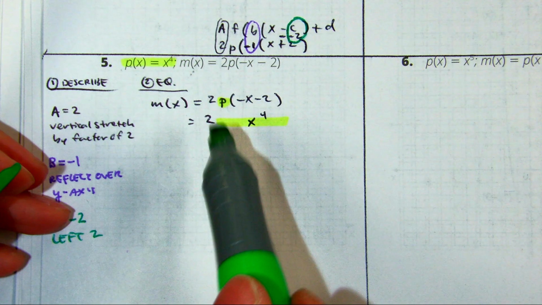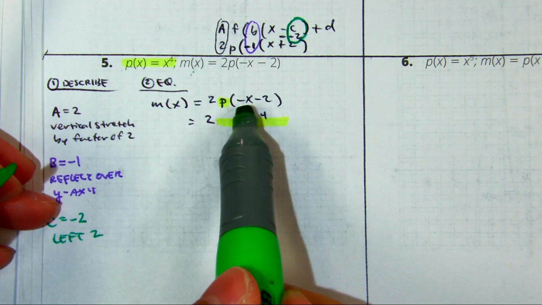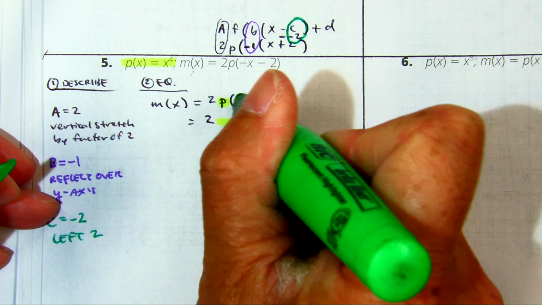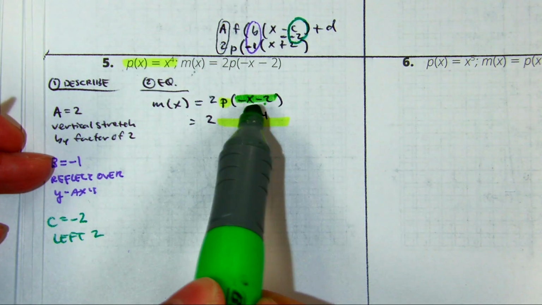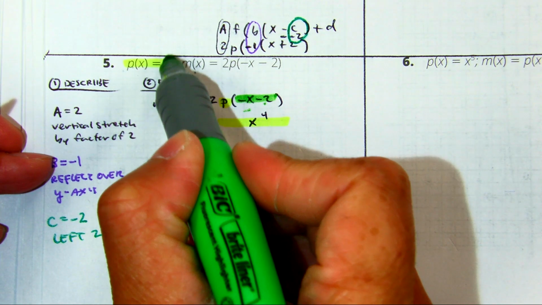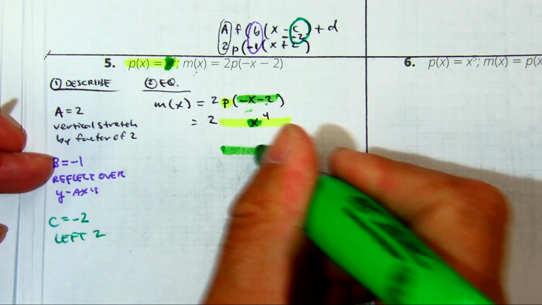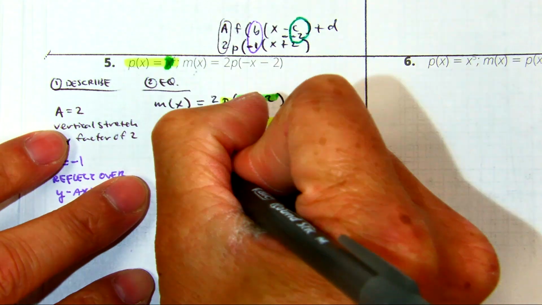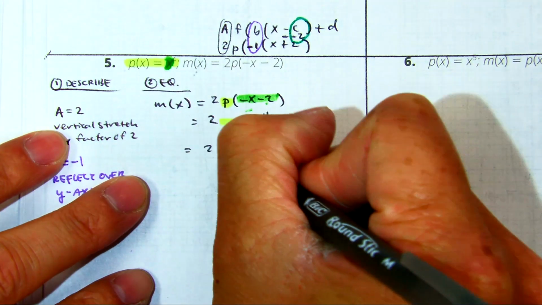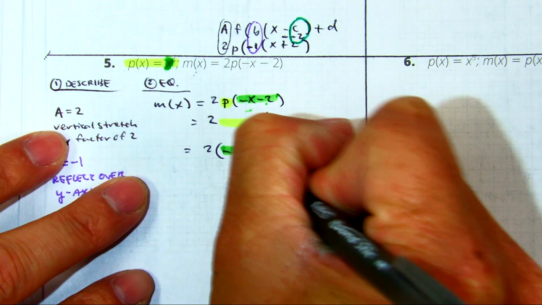It's saying in the function of p, you're going to put in -x minus 2. In the function of p, for every x value, we're going to put in now -x minus 2. So let's do that. So now in green, I have my second substitution. -x minus 2.